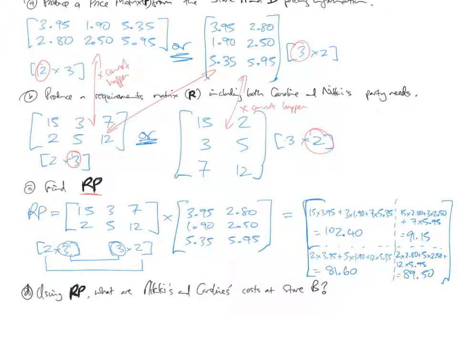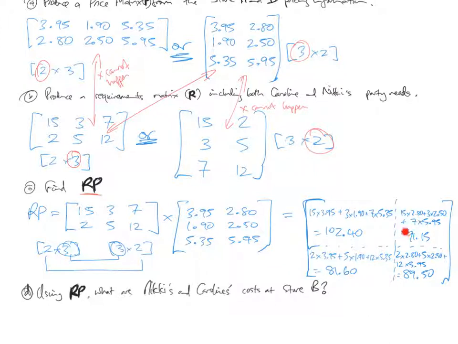So keeping in mind how the matrix multiplication happened, this is the result of, I think it's Caroline's requirements matrix times by shop A's costs matrix. So this is how much Caroline would spend at shop A. This is Caroline's requirements row times by the shop B price column.